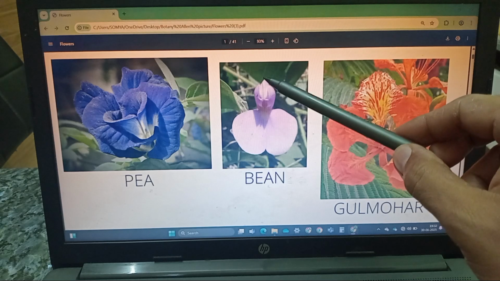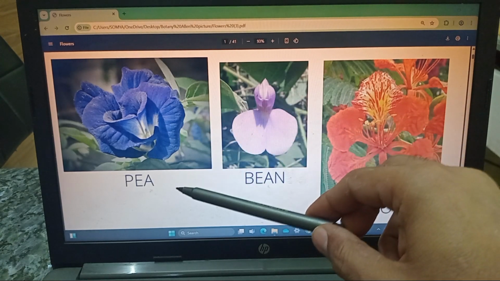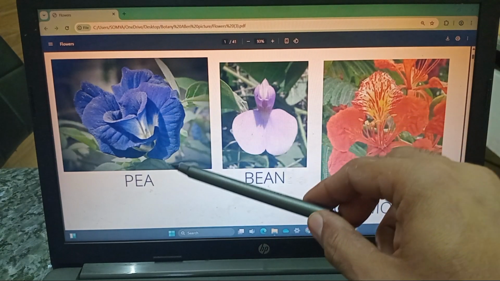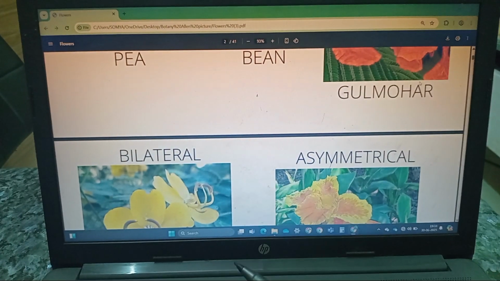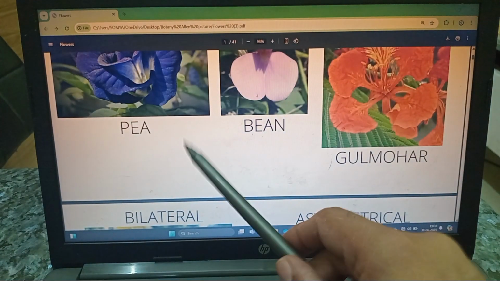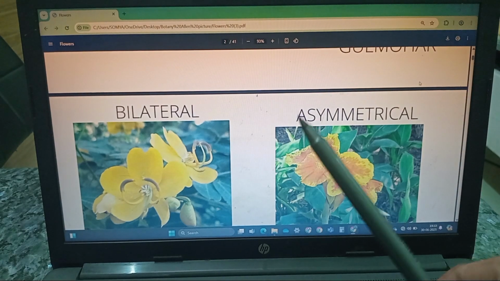The two petals are modified to make the keel. So pea and bean will come in the papilionaceous or the vexillary aestivation. Gulmohar and cassia will come in the imbricate aestivation, whereas all these four are included in the zygomorphic symmetry.